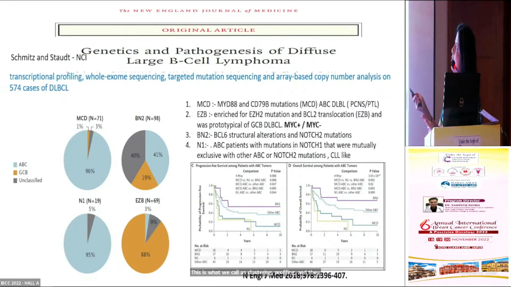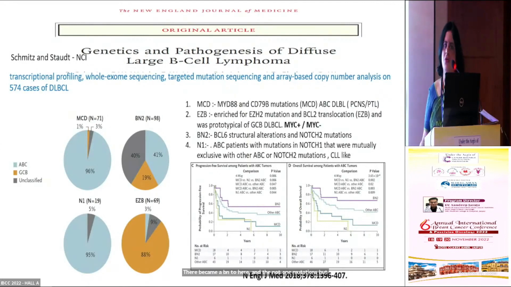The MCD was the group with MYD88 and CD79 alpha beta mutations, which is the ABC type of DLBCL. The EZH2 mutation group was now called, because they have to label it differently because it's a different group, they call it EZB group. The BCL6 and NOTCH2, which was the C1 there, became a BN2 here. And the NOTCH1 mutations were N1.